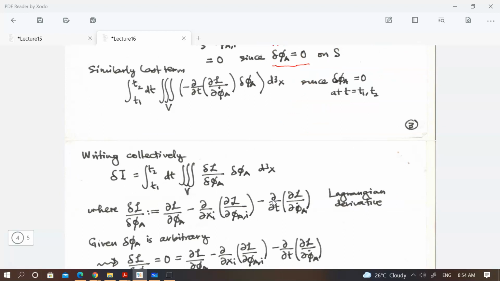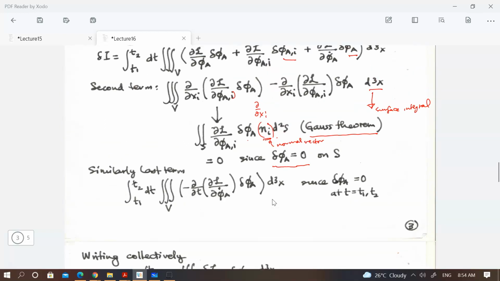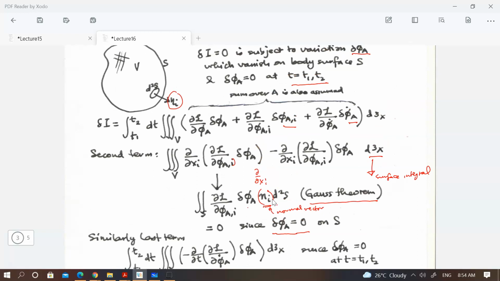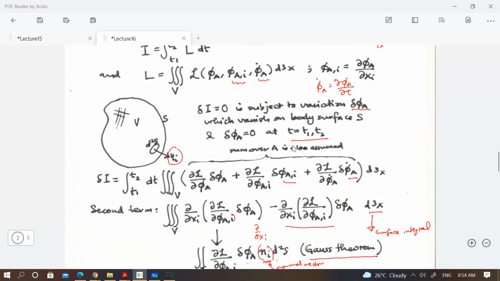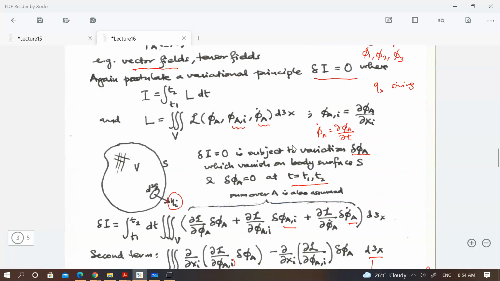So finally, if we put it all together, you should only be getting this part and this part inside this variation.